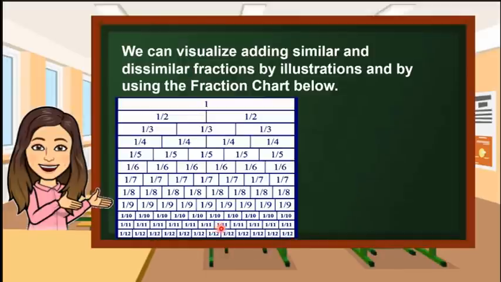The higher the number, the lesser the value for each part. It's like if you compare 1/2 and 1/3, 1/2 is greater than 1/3. So remember that.